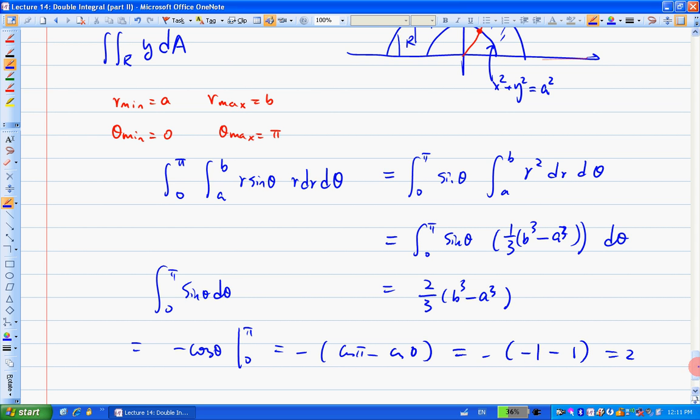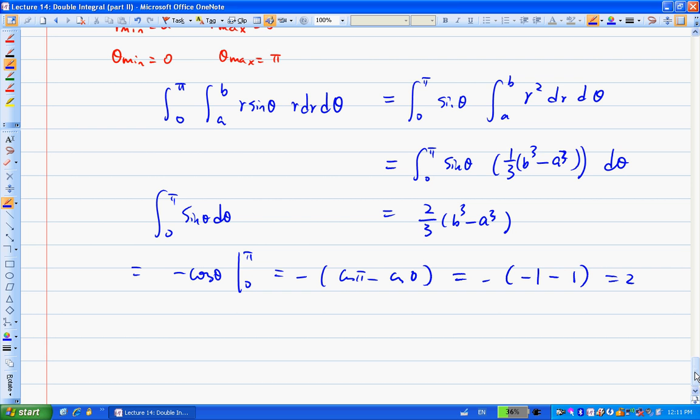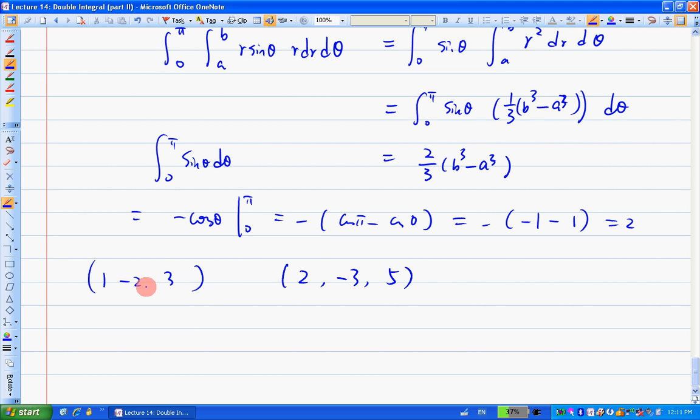And by the way, that does jog my memory here. You have no idea how many people made a mistake in the 248. One of the points is 1, negative 2, 3, and the other point is 2, negative 3, 5, right? You're trying to find the vector between the two points. So this is P1, and this is P2. Use this value, subtract this value.